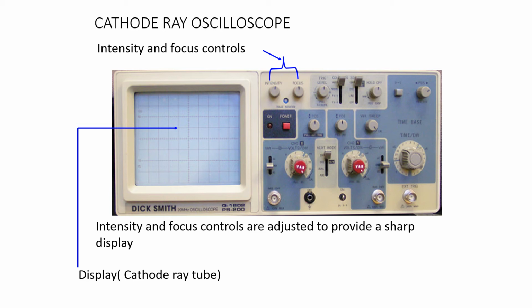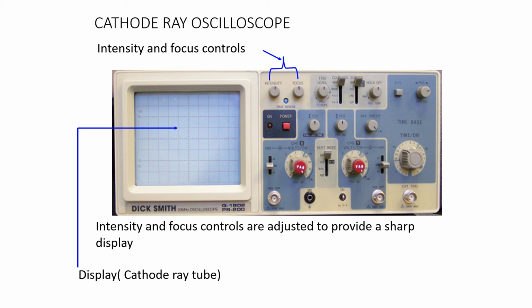This controls the amplification or attenuation factor of the vertical amplifier. When adjusted, it changes the height of the wave on the screen. Thus, a very high voltage waveform can be made small according to the size of the screen.